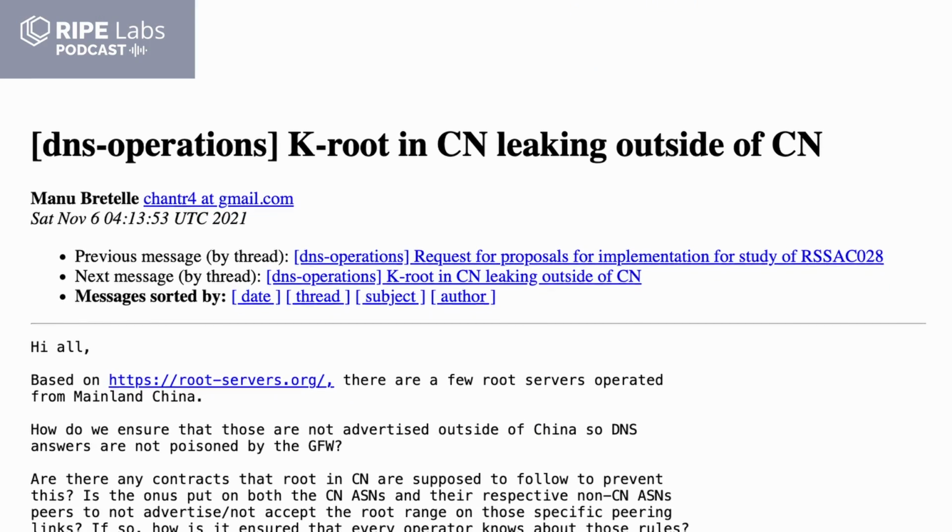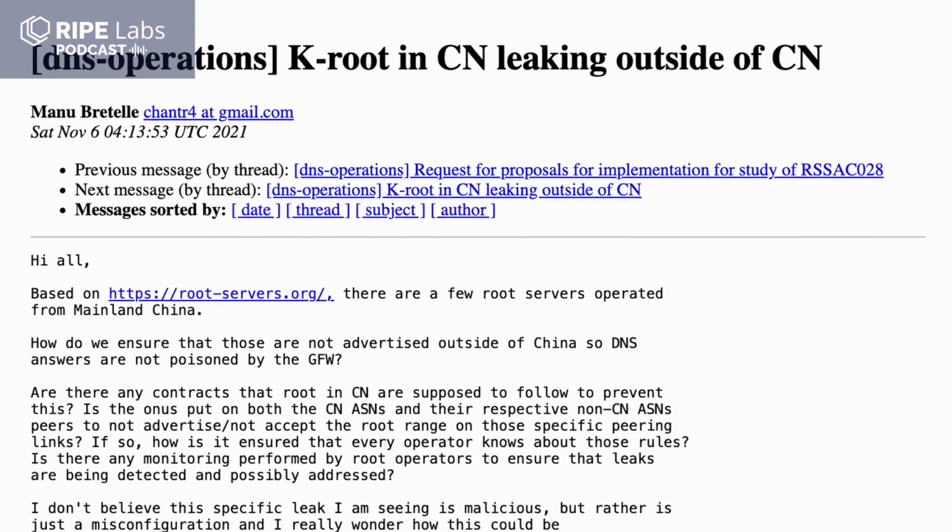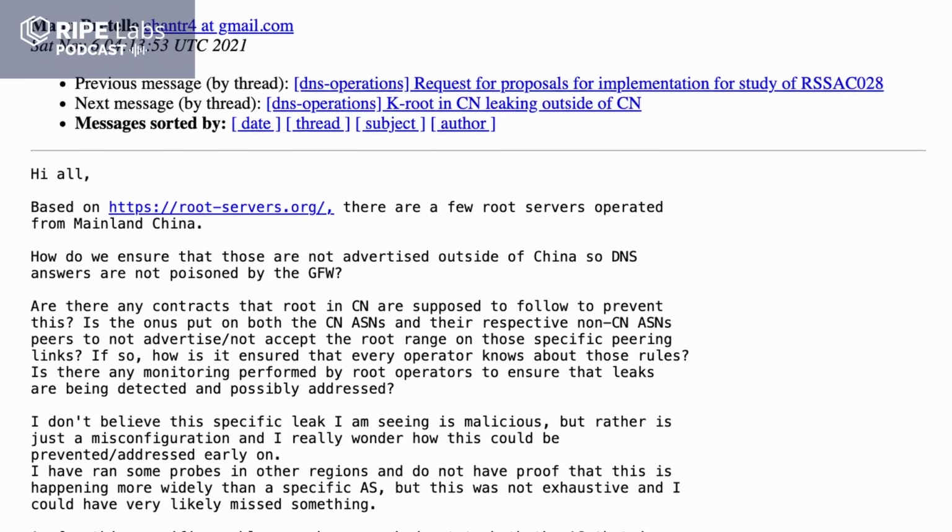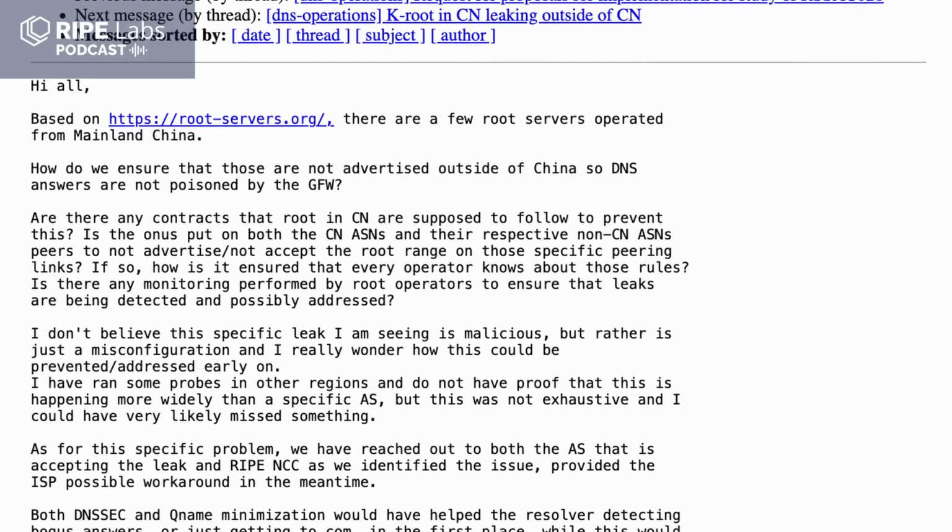Okay, and in this article on RIPE Labs that you wrote about DNS route manipulation, you're looking back at this case where this whole process breaks down for users in Mexico back in 2021. Yeah, in November 2021, Manu wrote on the DNS operations mailing list that users in Mexico were unable to reach WhatsApp.net because of a potential route leak.